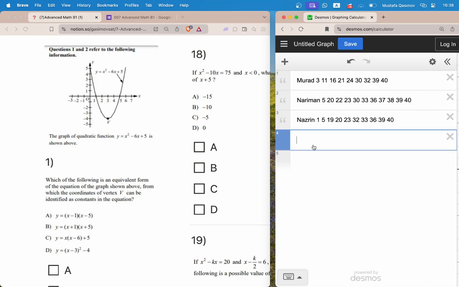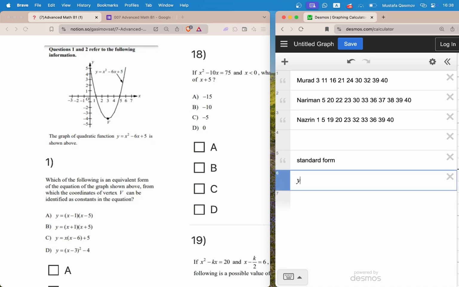In quadratic equation, we have three forms. First one is called standard form. For standard form, we have y is equal to ax squared plus bx plus c. Here c is y-intercept.